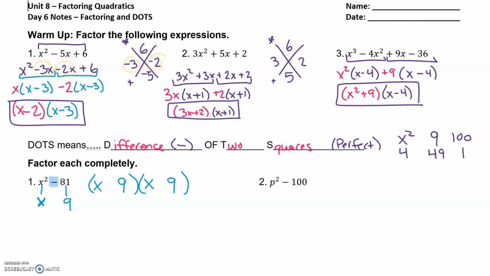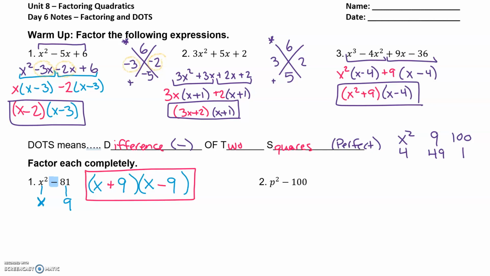Now the only trick is 9 times 9 is a positive 81. I need that 81 to be a negative. So we're going to make one of these positive and one of these negative, so that when I multiply that positive and negative back together, I actually get that negative 81. So this right here would be the factors of x squared minus 81.